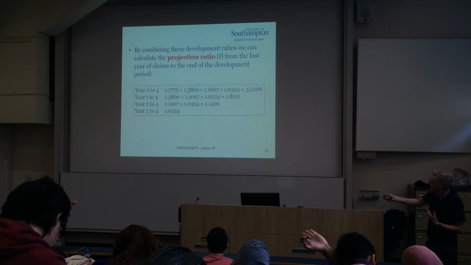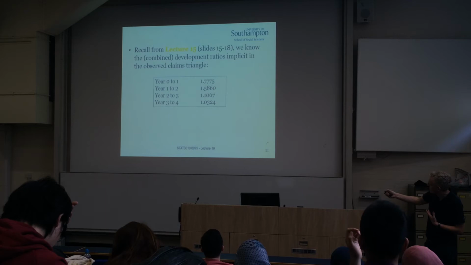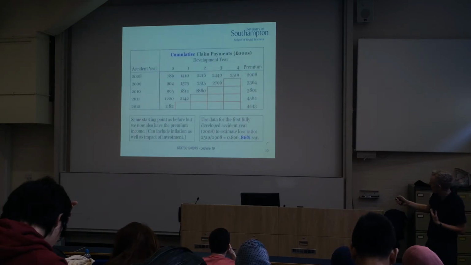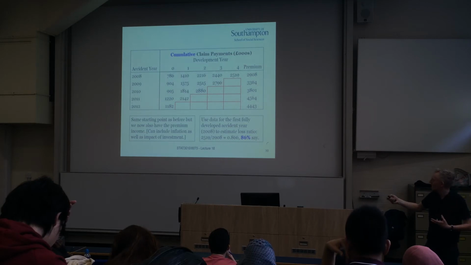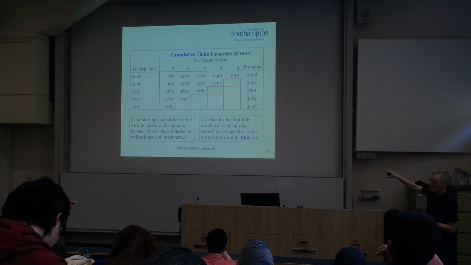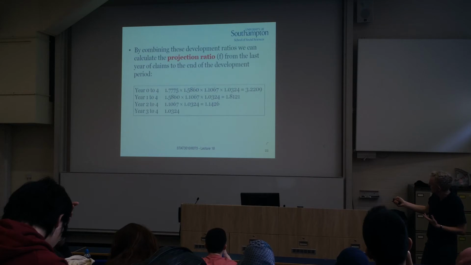Similarly, year 1 to 4 would be the product of these three individual development ratios, and that would tell me how I would predict the number in this cell from the basic chain ladder method. I'd be taking 2142 and multiplying by the product of the development factors, year 1 to 2, 2 to 3, and 3 to 4, which is equal to this number here, 1.8121.